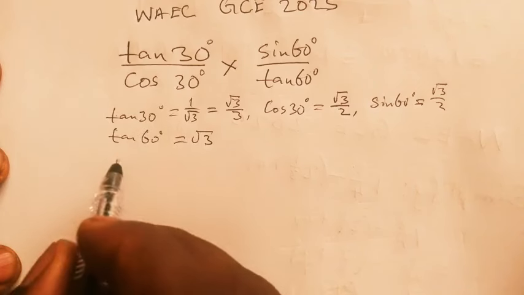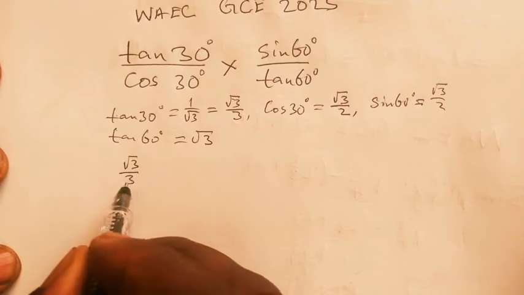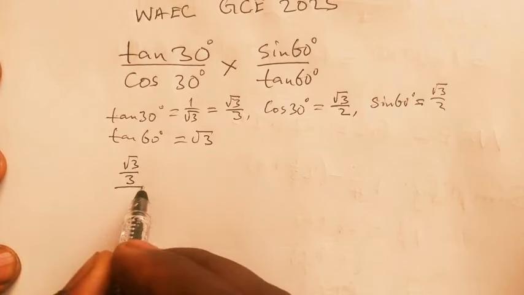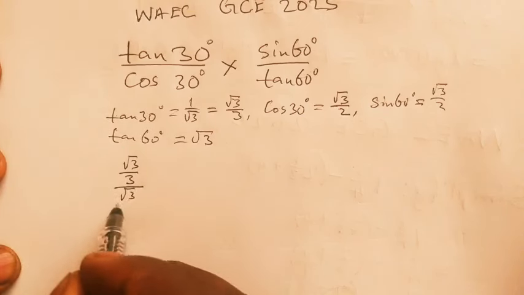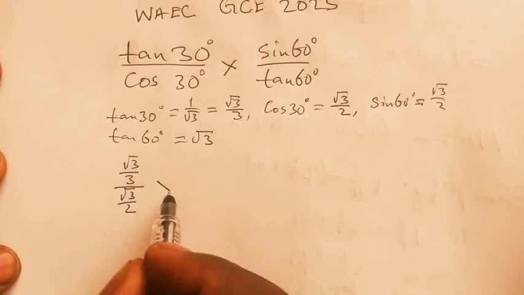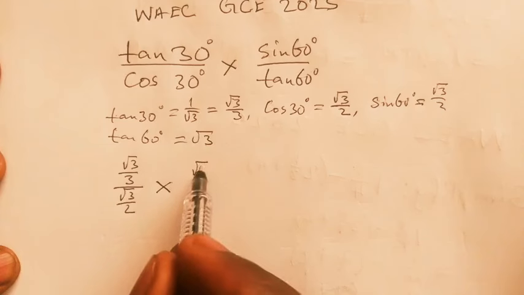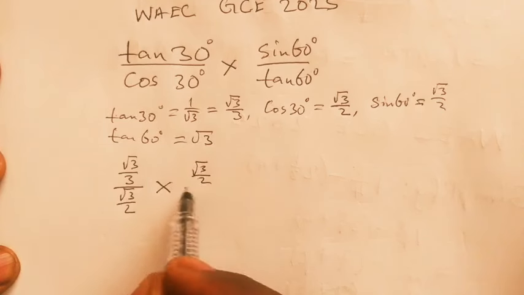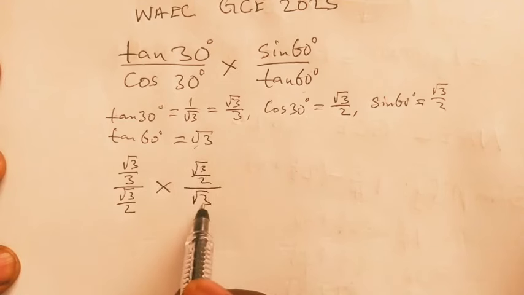So tan 30 is root 3 over 3, divided by cos 30, which is root 3 over 2, multiplied by sine 60, which is square root of 3 over 2, all over tan 60, which is square root of 3.